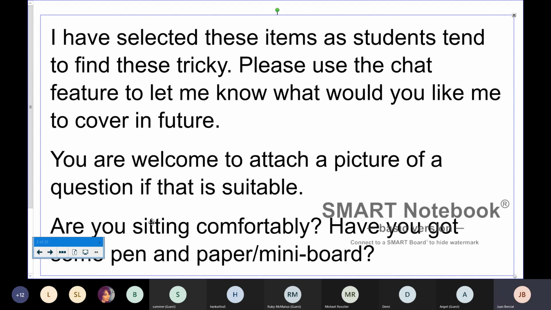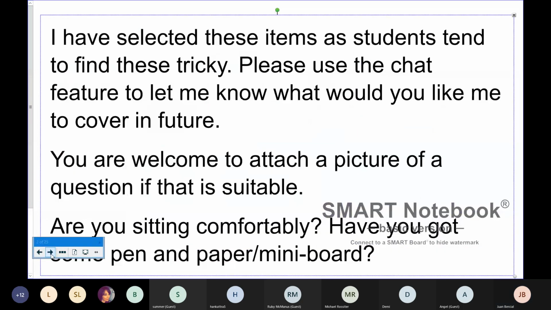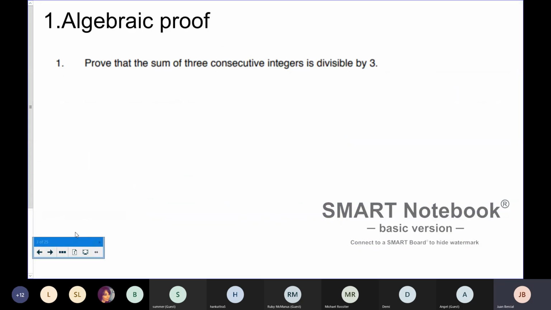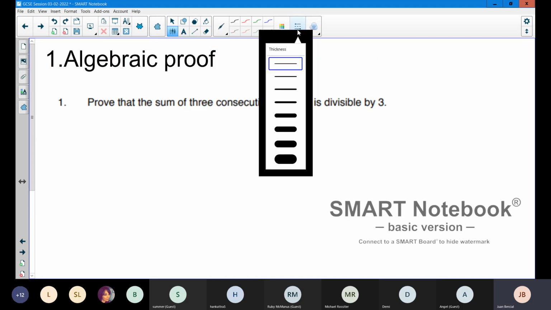So we're going to start with the first topic, which is algebraic proofs. I find these ones very tricky. The main thing in this question is the word prove.